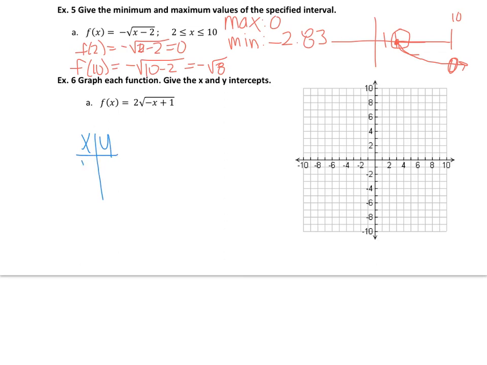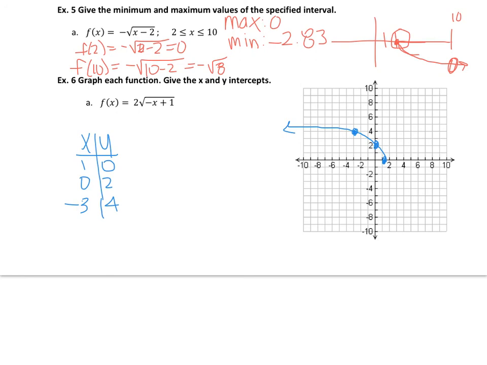So skip over the decimals. I've got 1, 0, 0, 2. Let's find one more. Negative 3, 4. And go ahead and plot those on your graph. So 1, 0, 0, 2, and negative 3, 4. And so your graph is going to look something like that.